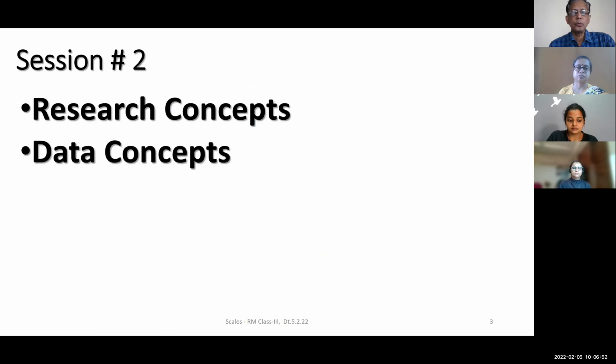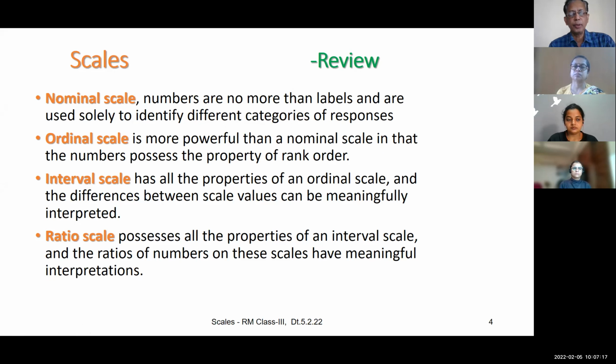And in session 2, we wanted to understand different types of research concepts, and more particularly data concepts, different types, definitions, and briefly we also introduced scales. We had introduced the first 4 basic fundamental scales: nominal, ordinal, interval, and ratio.